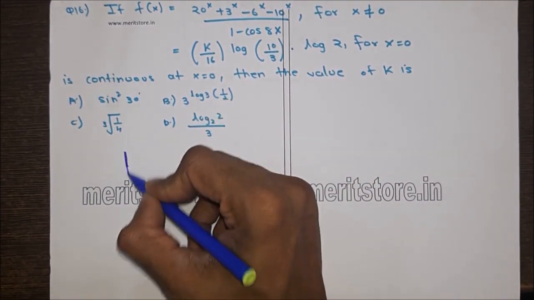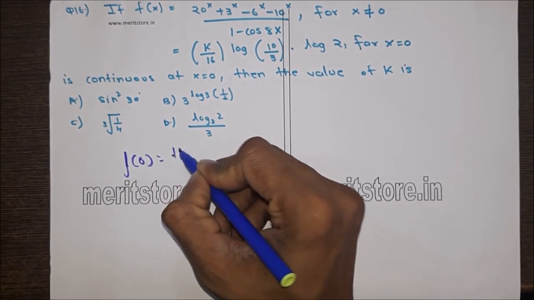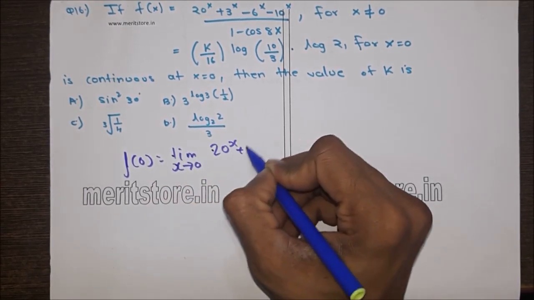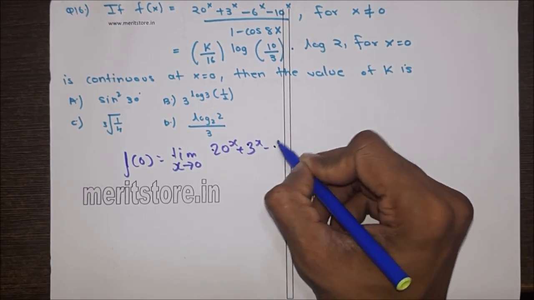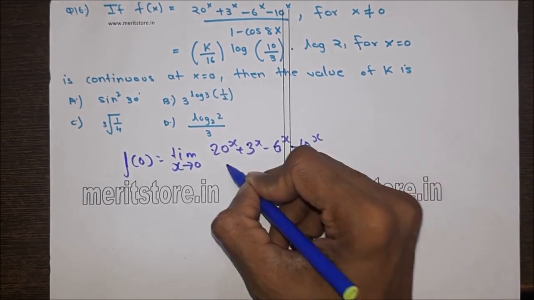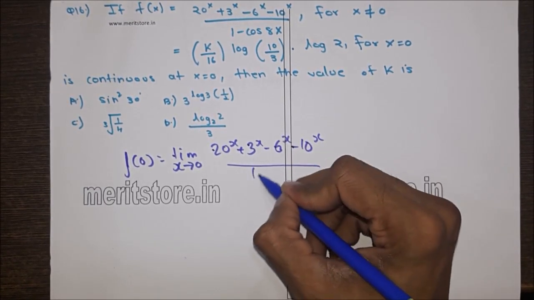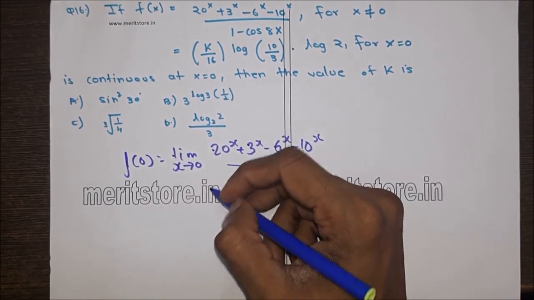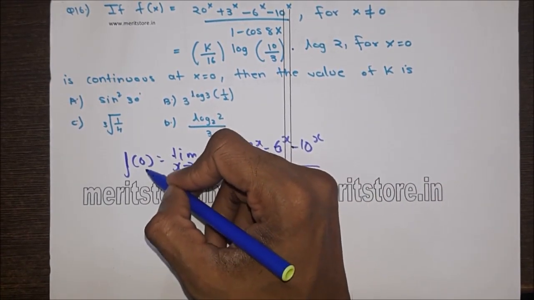We can write this as f of 0 equal to limit of x approaches to 0, (20^x + 3^x − 5^x − 10^x) upon 1 minus cos 8x. Further, we substitute the function at f of 0.